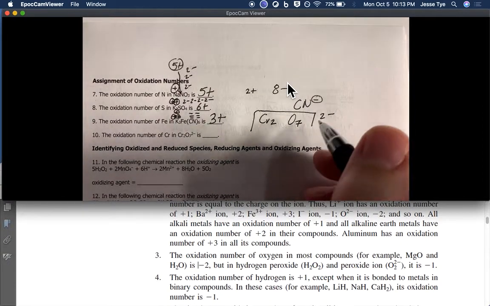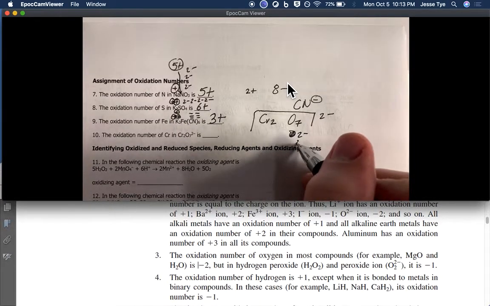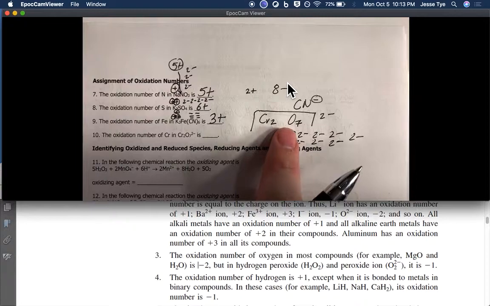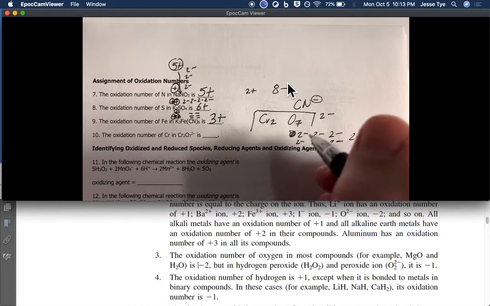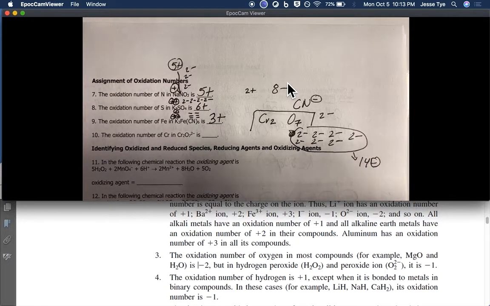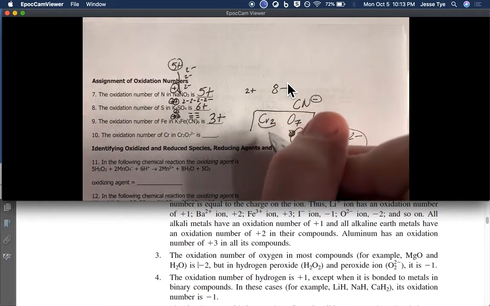So for the O7, each oxygen is 2 minus. So 7 times 2 from the oxygens here, we have a 14 minus charge. Well, that means then these two chromiums need to have a 14 plus charge together.